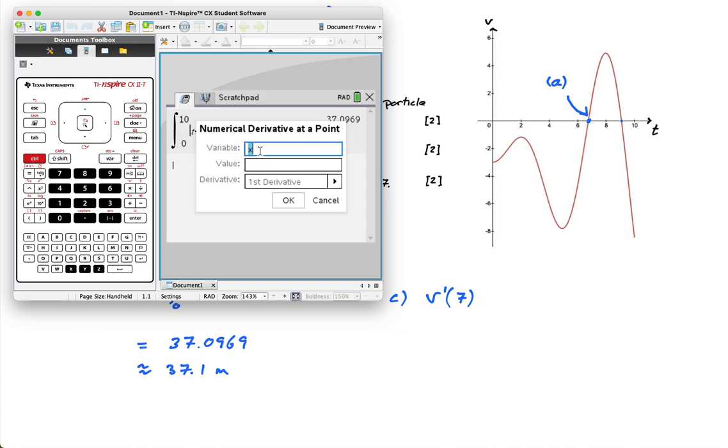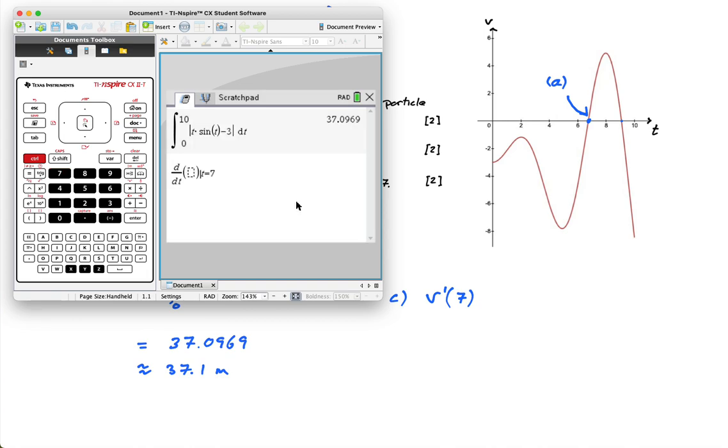The variable is x. I can call it t if I want. The value is 7. And the first derivative, by the way, guys, you can get the second derivative, but I just want the first derivative. So it's d/dt of t times sine t minus 3 when t equals 7.